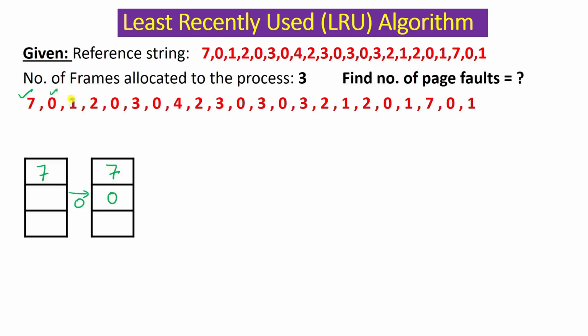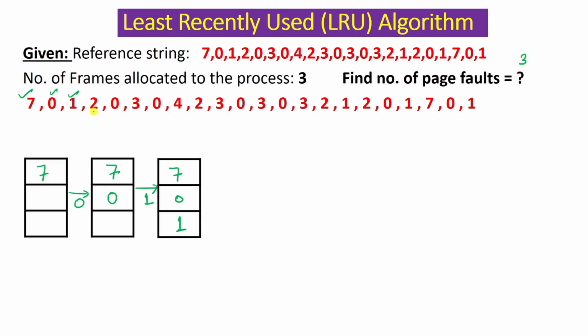Then 1 will also generate a page fault because it is not present here, and I place it in the free frame. All these 3 have generated page faults, so the total count is 3 page faults till now.